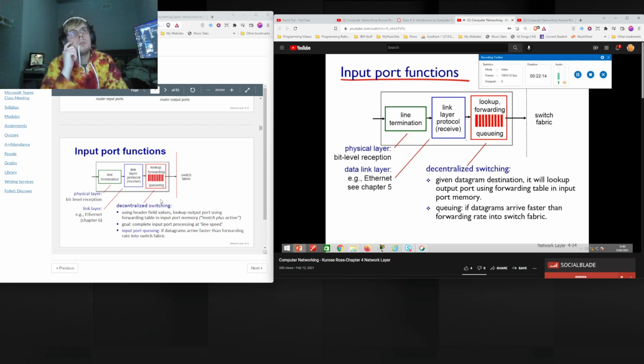So it's a decentralized switch. Given the datagram destination, it will look up the output port using the forwarding table in the input port memory. And if datagrams arrive faster than the forwarding rate, it has to queue the datagrams in the memory of the router.